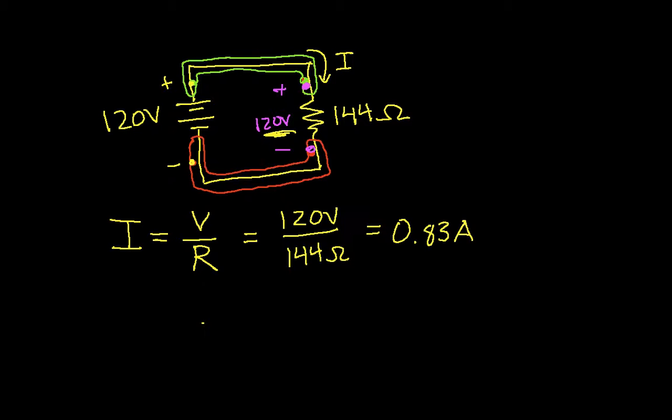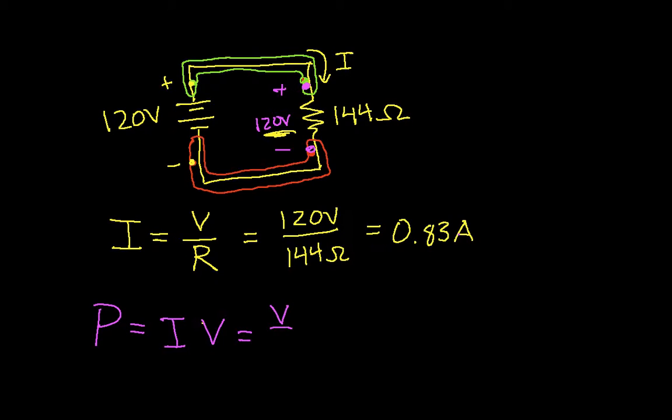We can also find power in resistors, and we'll use this same circuit to do that. You'll recall from the video on power or other sources that power is the current times the voltage. But we know in a resistor, the current is the voltage over the resistance.